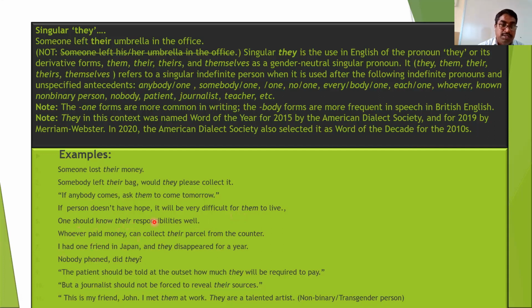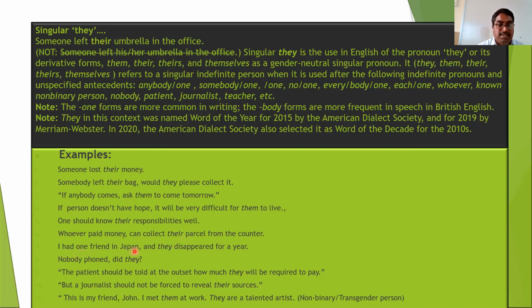One should know their responsibilities well, not one should know his or her responsibilities well. Whoever paid money can collect their parcel from the counter. Whoever paid money can collect his or her parcel from the counter. No, this is what we learned, but according to modern grammar, this has fallen back, and the singular they has become more common.